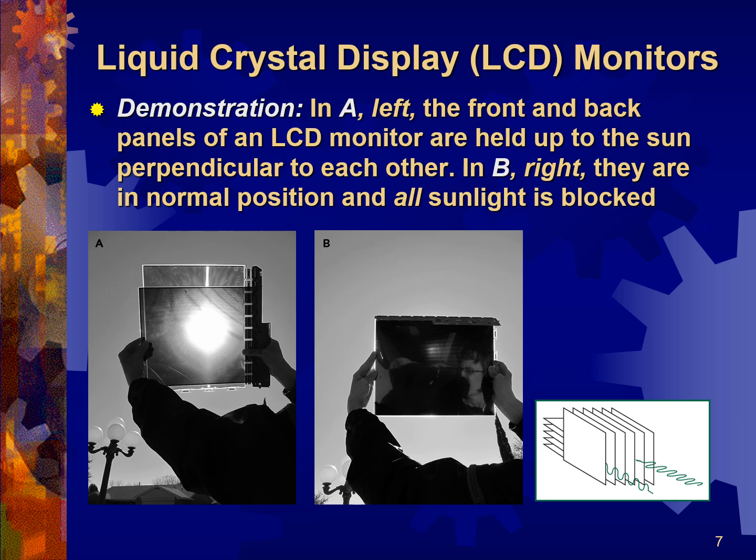And that's why in picture B, you can't see hardly any of the sun getting through the polarizers. And that's because you're blocking all the light photons. Because light photons will either have horizontal oscillation or vertical oscillation or some variance of those, where they'll be mostly horizontal or mostly vertical. Okay?